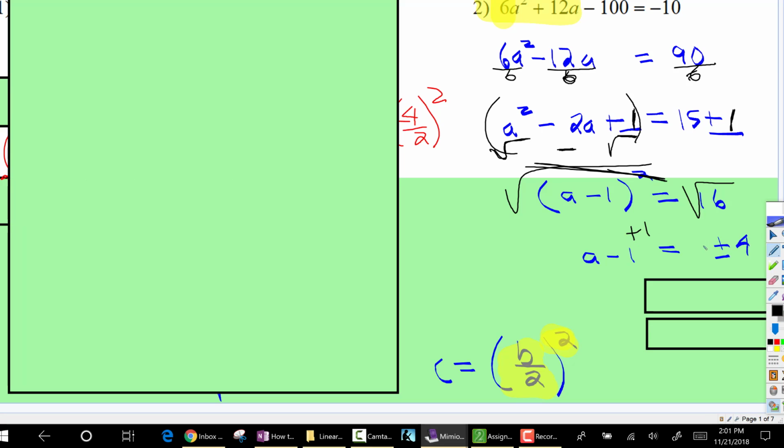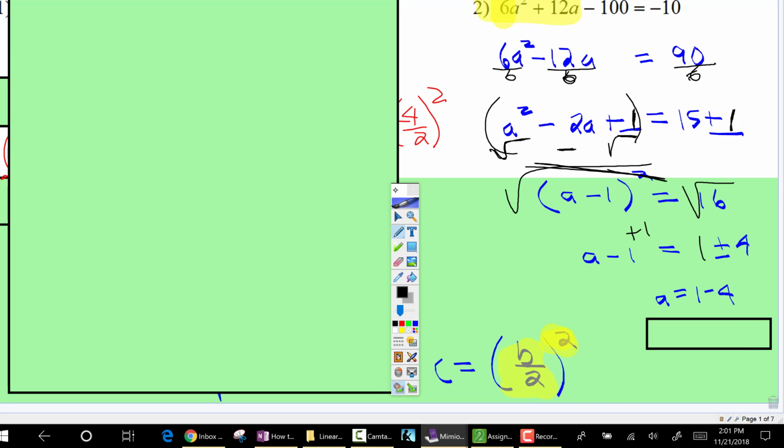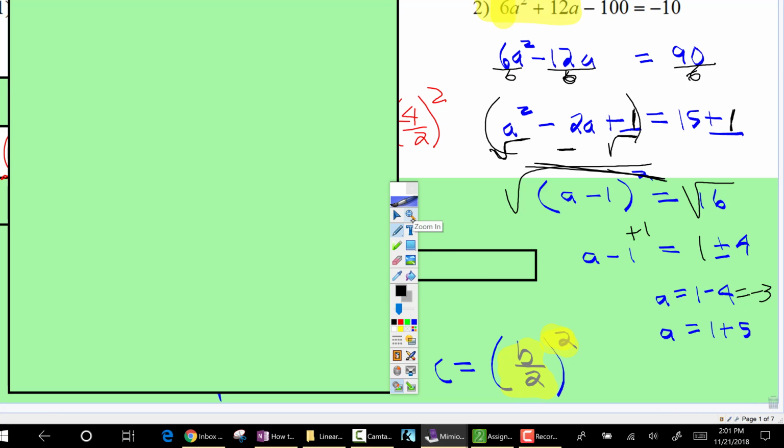Well, then we're just going to add 1 to both sides. 1 subtract 4 is -3. And 1 plus 4 is 5. Just like that. All right, that is it for completing the square.